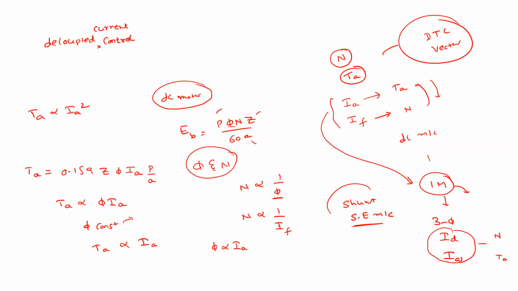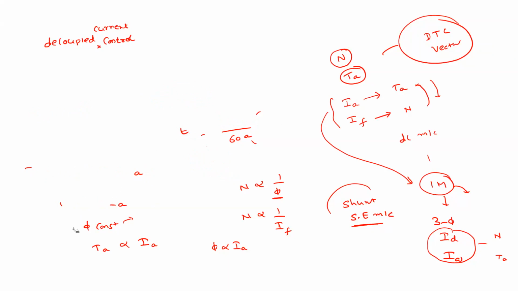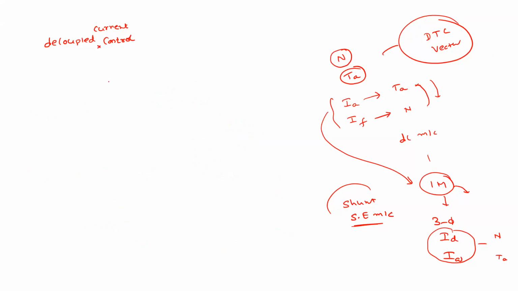Now, in the same terms, when you're using the same theory for inverters, we have three-phase inverter voltages and three-phase inverter currents. The first step is that we need to convert this into the DQ0 reference frame.